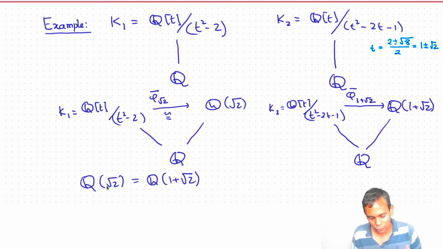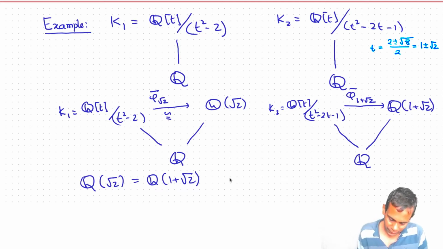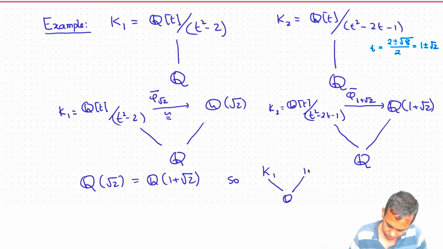And so we have that K1 and K2 are isomorphic over Q. We have this isomorphism, phi bar of 1 plus root 2 composed with phi bar of root 2 inverse, which is an isomorphism from K1 to K2, and these are isomorphic over Q.